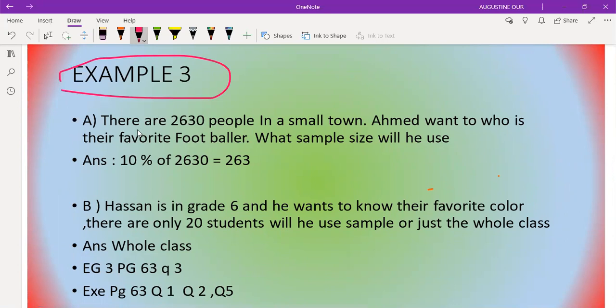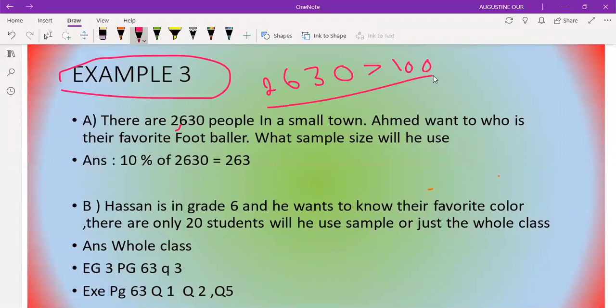Let's do example 3 here. There are 2,630 people in a small town. Ahmed wants to know their favorite footballer. What sample size will he use? Remember, 2,630 is above 100, okay?